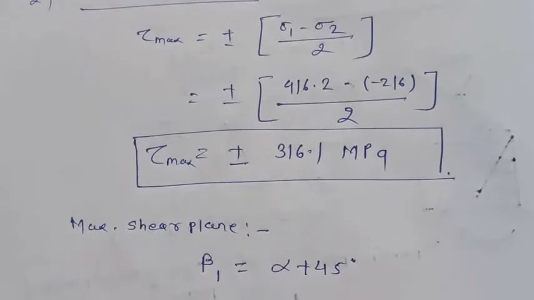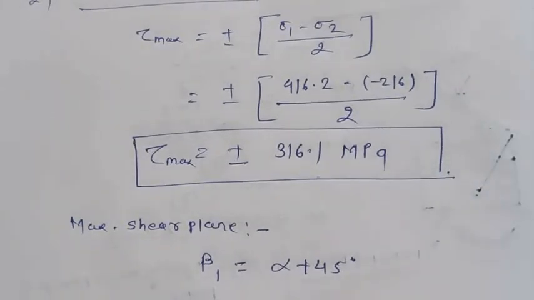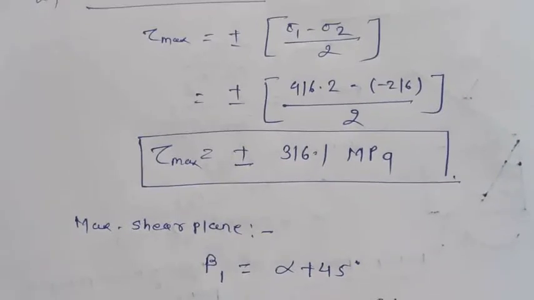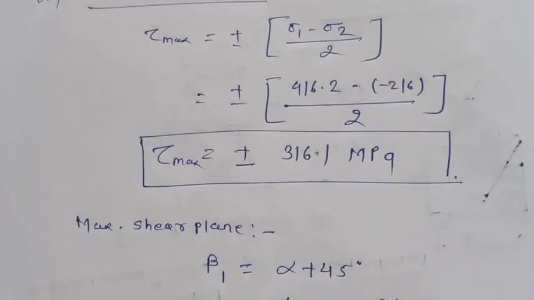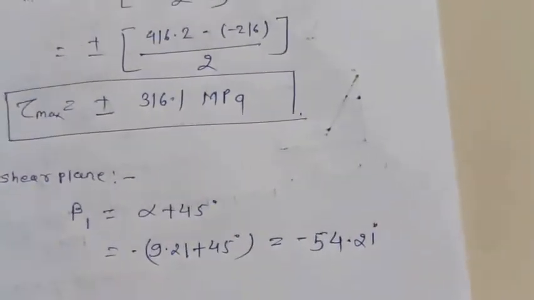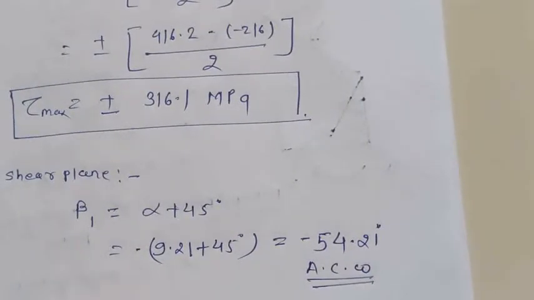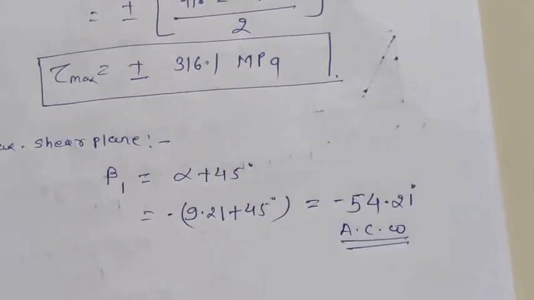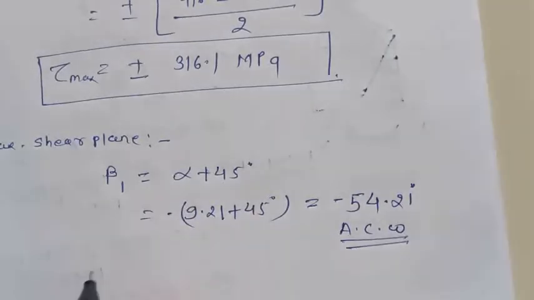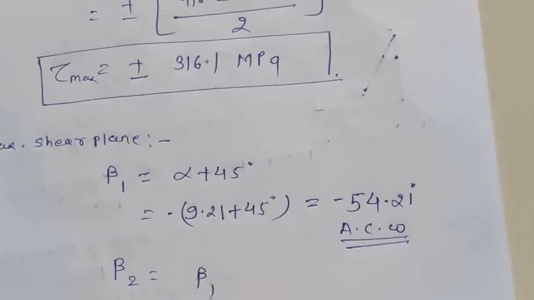Since alpha is in the anti-clockwise direction, the magnitude is the same, 9.21 plus 45 degree, but since it is anti-clockwise, the sense will be the same, minus 54.21 degree. So this is nothing but the anti-clockwise movement.